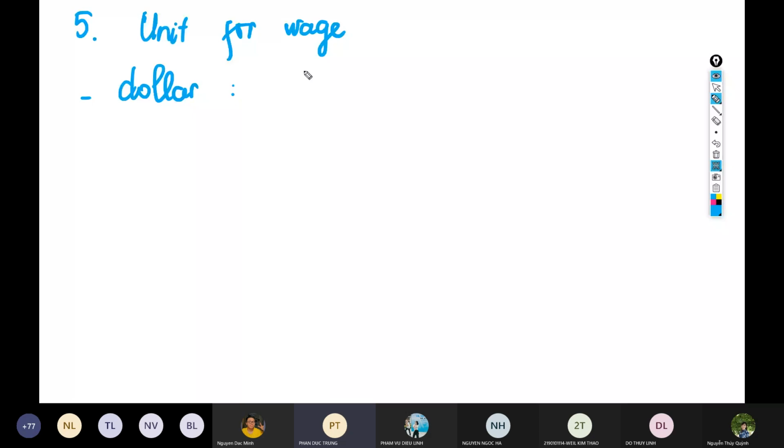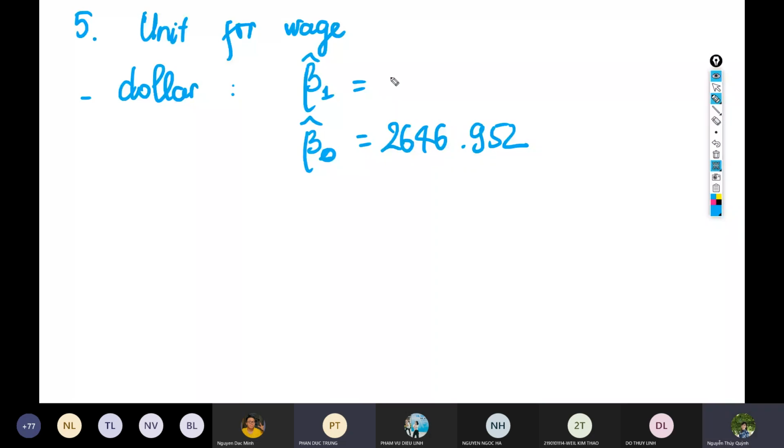For the unit dollar, the beta 0 hat is 2646.952. And what is the value of beta 1 hat? It is 60.214.